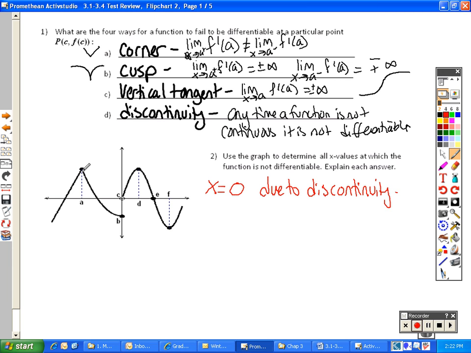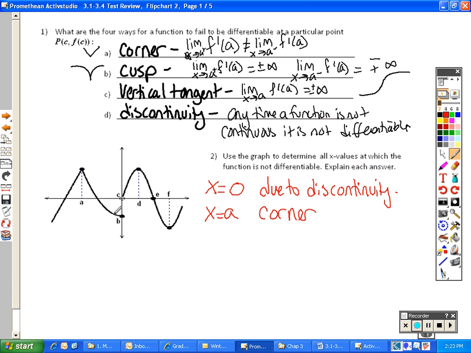All right, let's look what else is happening. As we approach a from the left, the slope is a constant. As we approach a from the right, we also have constant values. This will have a positive slope. This will have a negative slope. So therefore, they are different numbers. So at x equals a, there is a corner.